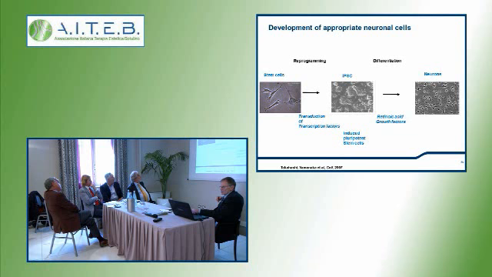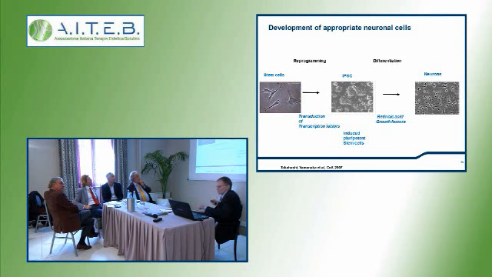When you incubate these cells with retinoic acid and growth factors, you can differentiate them into neurons, which really look like motor neurons. You see these dendrites. These cells really behave like motor neurons.